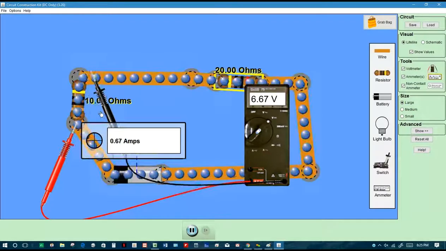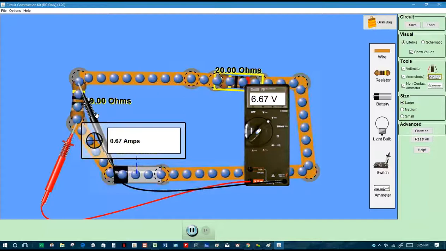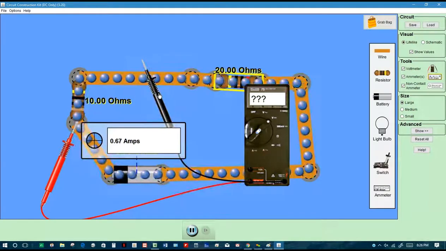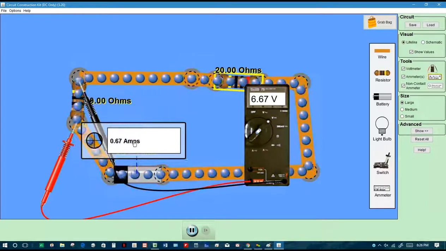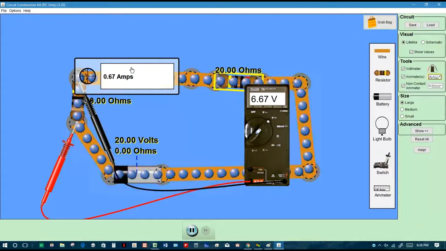Okay. And so you'll see that this is really easy. What is the resistance of this resistor? You'll see it's a 10 ohm resistor, right? And how much current is flowing through it? 0.67 amps. Gotcha.